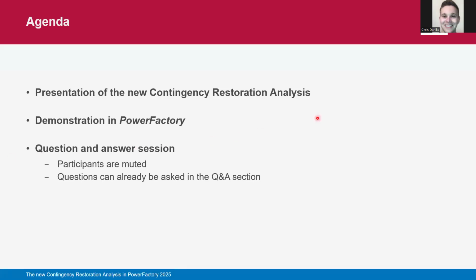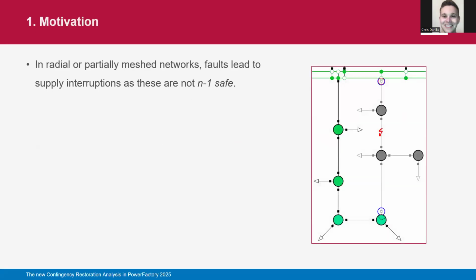All right, now let's start the presentation and take a look at this new functionality. Why did we develop this? Of course, we already have a contingency analysis, but this one has been developed with meshed grids in mind. In meshed grids, when something fails and protection trips, you often have other ways to supply directly.